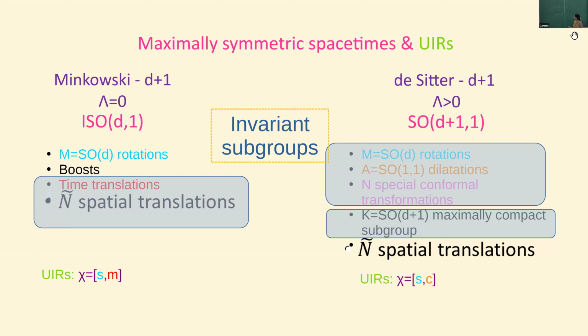Some of the generators in here are linear combinations that involve special conformal transformations and translations. So some of these generators also make an appearance in a complicated way in here.